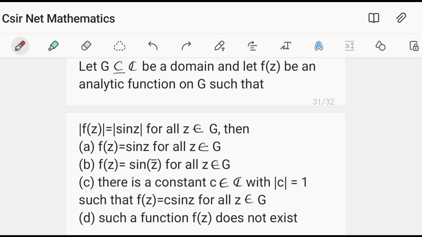So using these conditions, G is a subset of C, f of z is an analytic function, and mod of f of z is equal to mod of sin z, we will try to solve this problem.